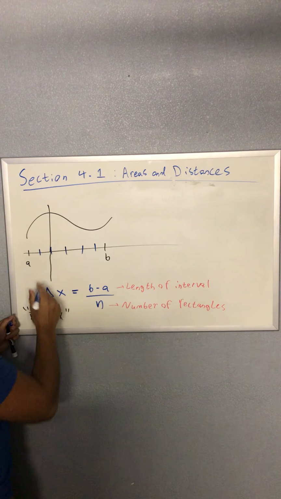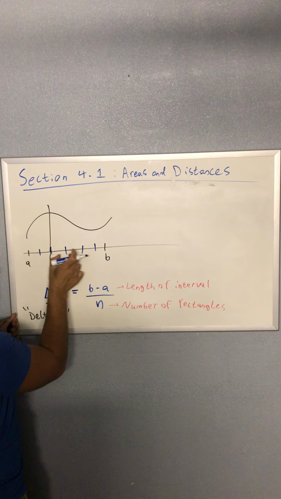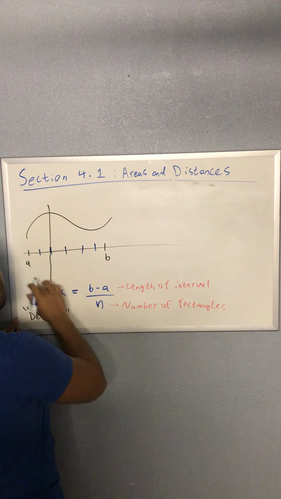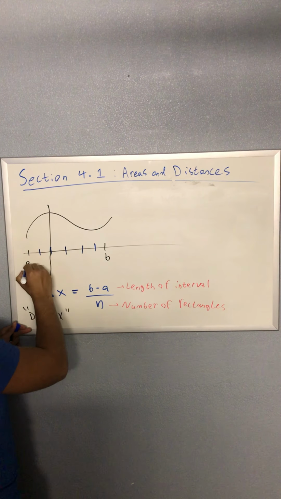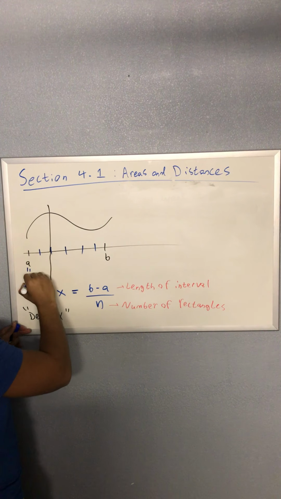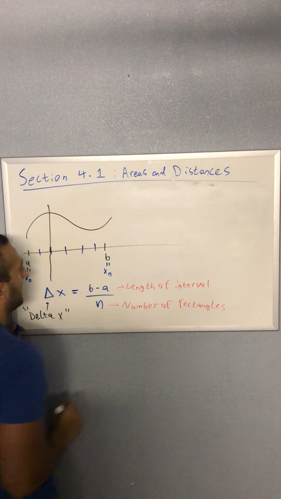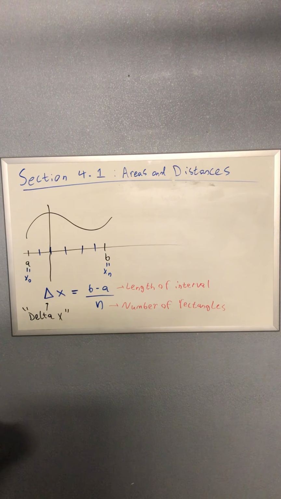So we have all of these smaller subintervals that we're looking at. We're going to call a x sub 0, and we're going to call b x sub n, and you'll see why in a second.